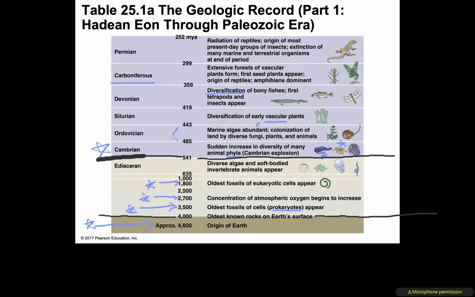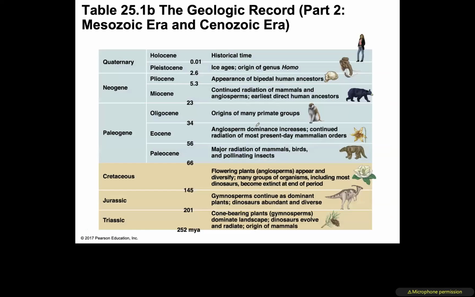So let's go ahead and go to the next page. All righty, so we're going from the bottom, if you recall. Your next piece we're going to look at is about 252 million years ago, you started getting cone-bearing plants called gymnosperms, okay?